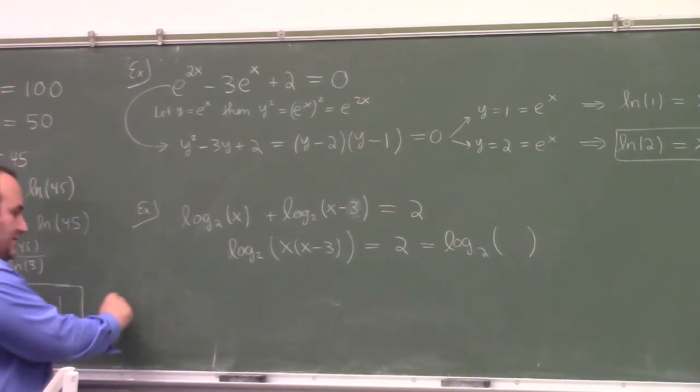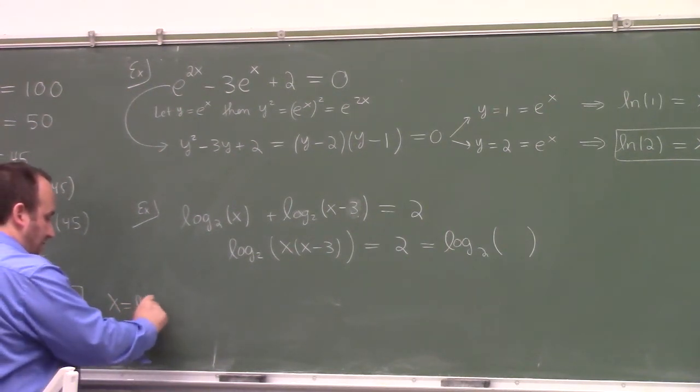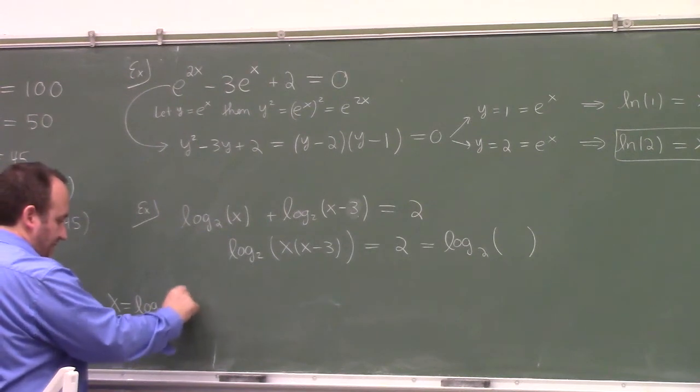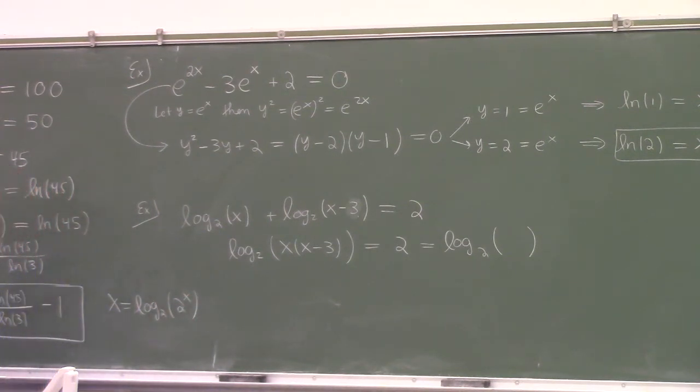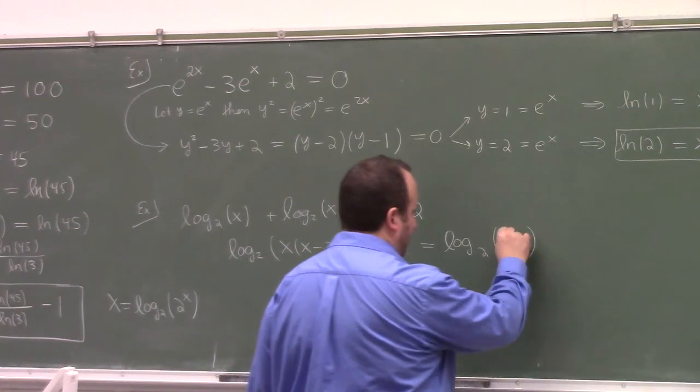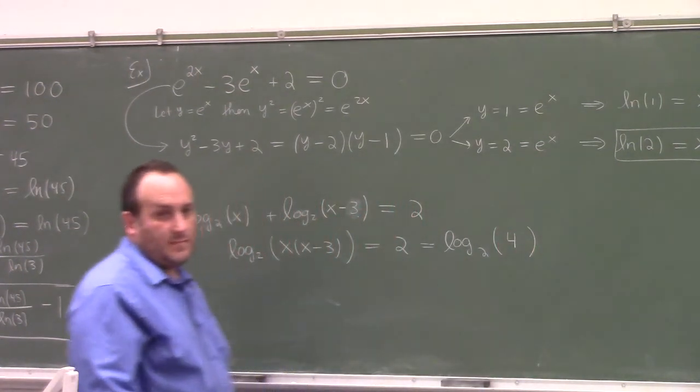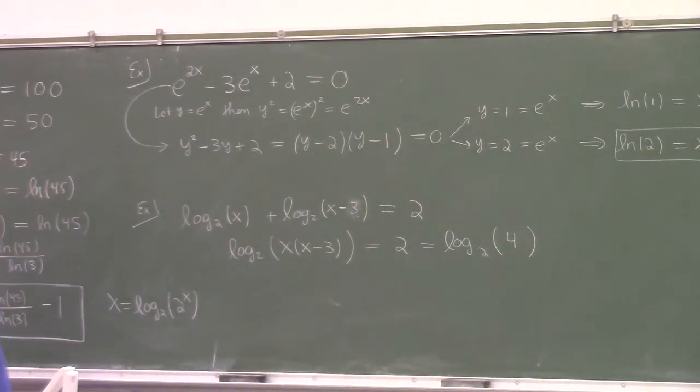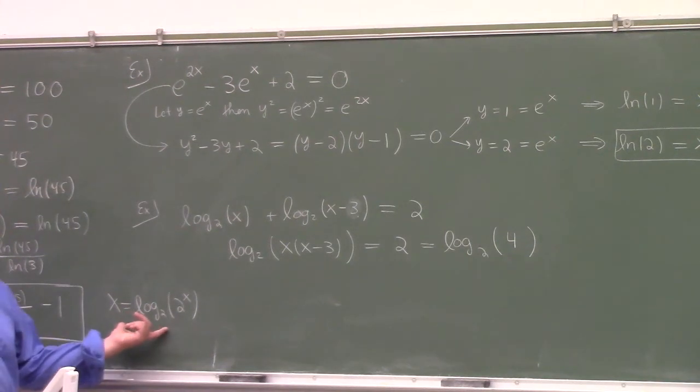Remember, we have an identity. x equals log base 2 of 2 to the x, right? So we can use that identity to see what we should put there. It should be 2 to the 2. So there's a 4. A 4 goes here. Just using this identity over here.